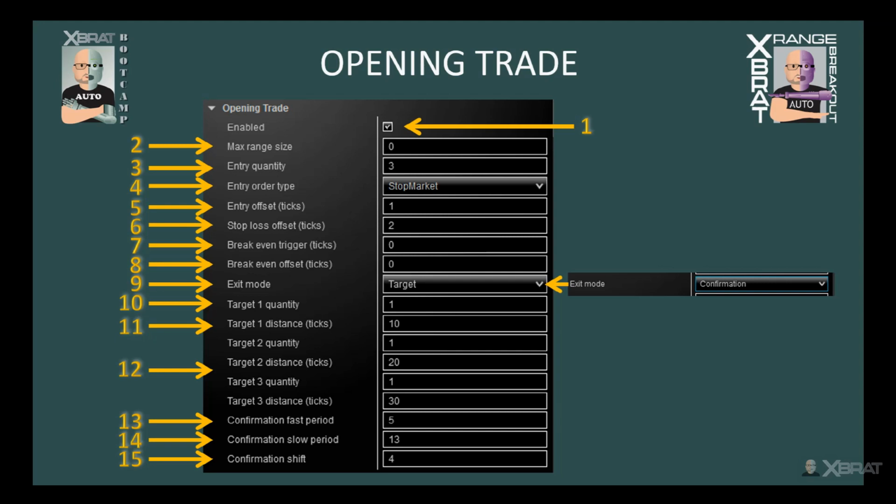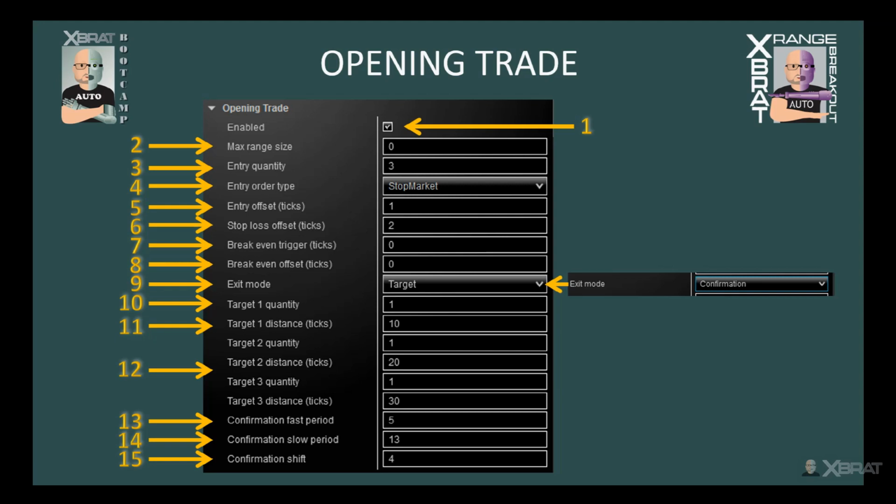This option is preferred when you're looking for runners, but you're happy with the times it comes to take those little profits at the break-even offset you choose. We'll cover more of this on a chart soon, so you can understand the difference between target mode and confirmation mode for that exit.